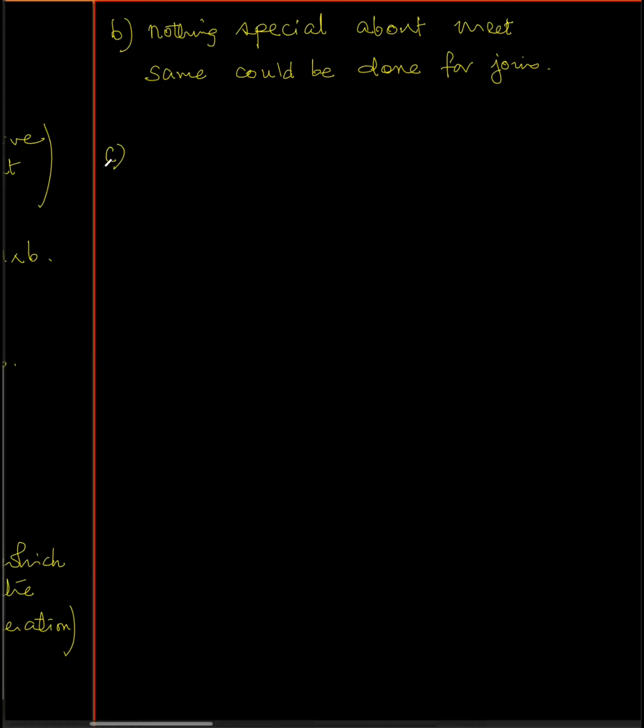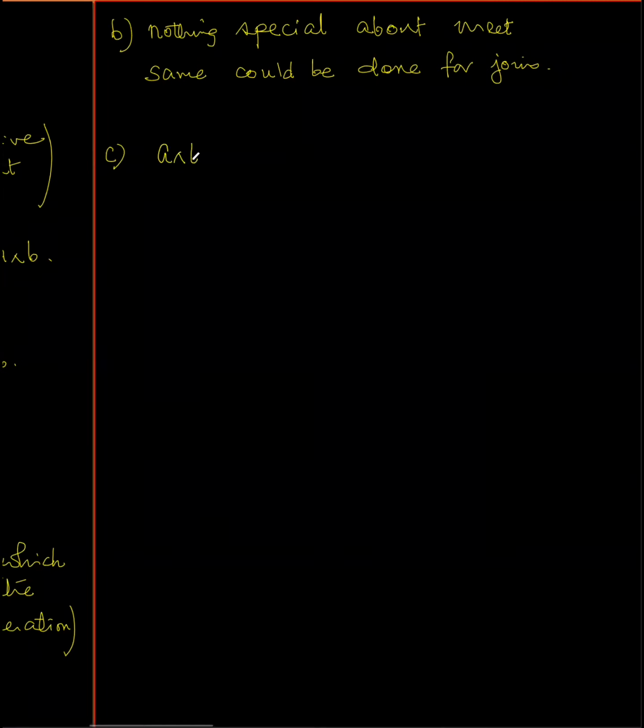But then, suppose I have the extra condition that the meet and the join, that means the infimum and the supremum of finite sets, exist. So suppose I say this.